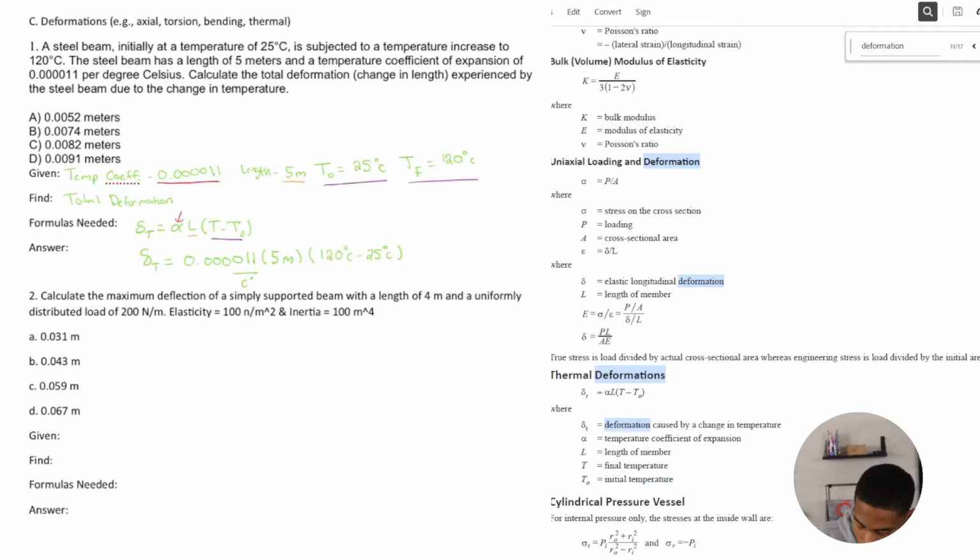Unit wise, the Celsius in the temperature difference cancels out the Celsius underneath, and I'm left with meters, which is what I want. When I get my answer, I get 0.00525 meters. So I get A.